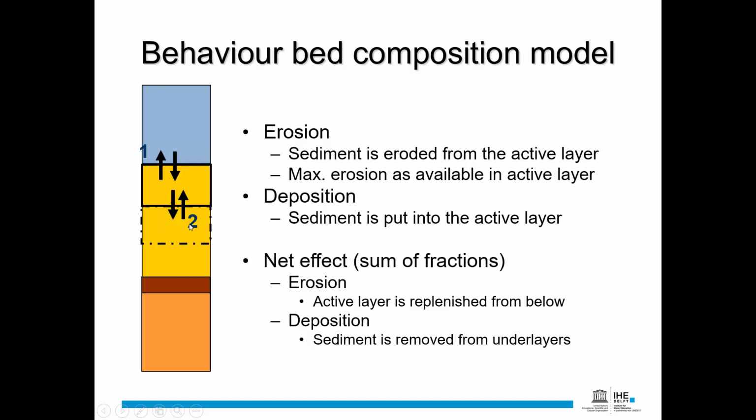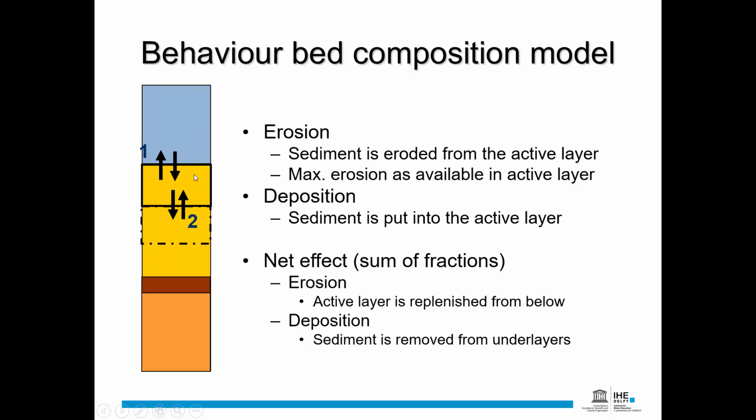If the net effect is that we have erosion, then the active layer gets sediment from the bookkeeping layer underneath. And if the net effect is deposition, then the sediment is removed from the underlayer. Underlayer moves up.